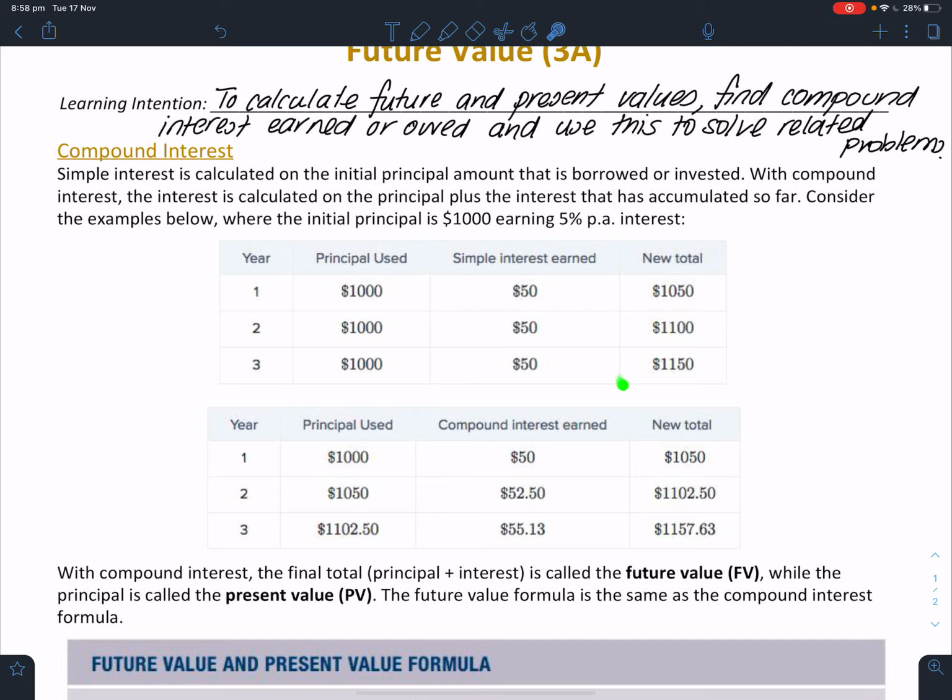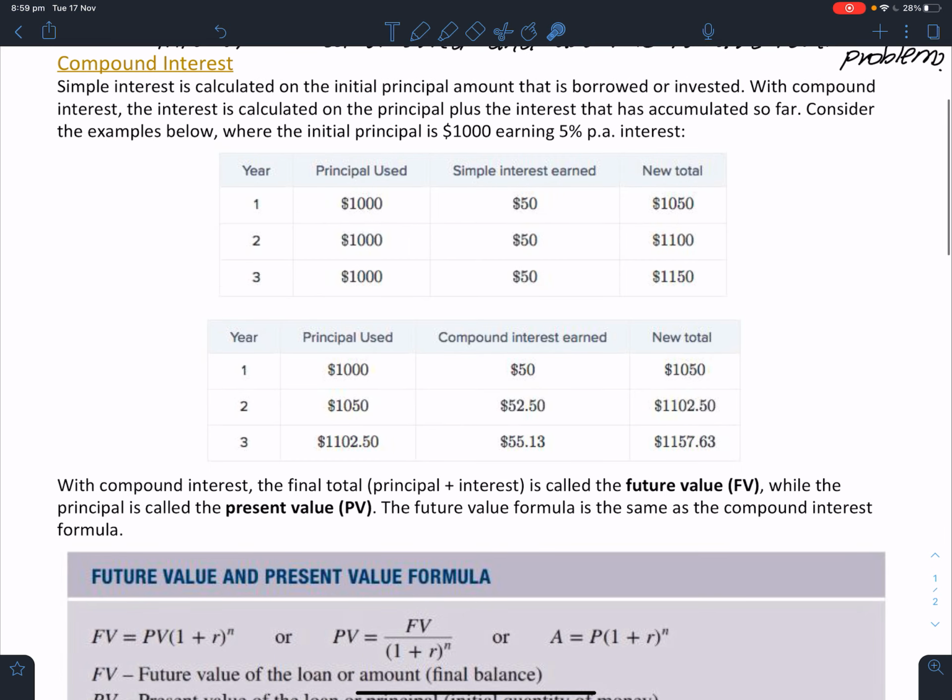But see how with this first one, 1,150 is what is earned by the end of 3 years, and 1,157 for the compound. So it doesn't seem like a big amount of money. However, we're only talking about $1,000 here. Imagine if you were looking at borrowing money for a house, which is close to $1 million, well, then you definitely would see a big difference in the money that you're spending on interest.